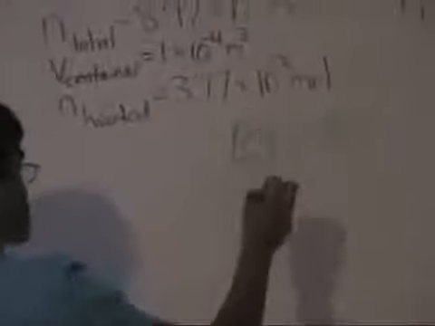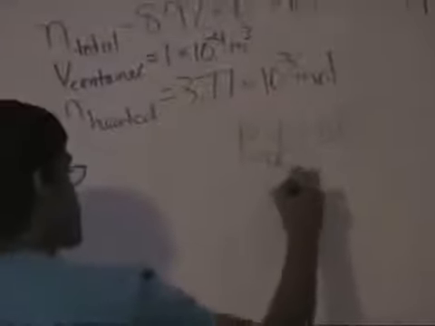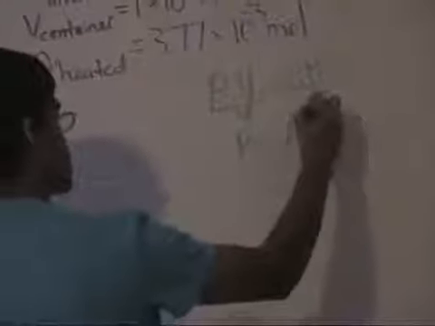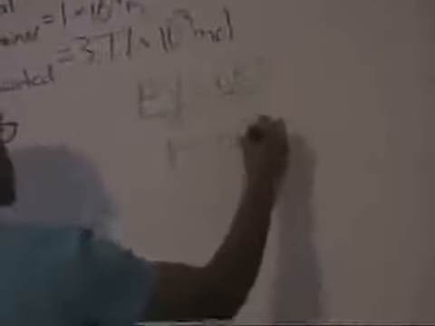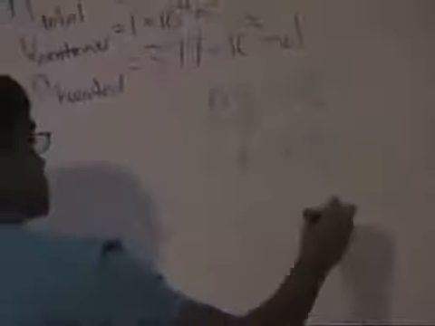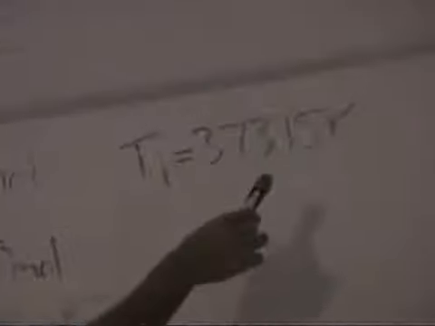Volume cancels out on the left side, and we're left with P equals nRT over V. And T is T1, which is 373.15 Kelvin, and n is from the heated container.